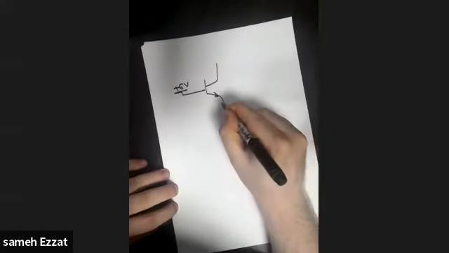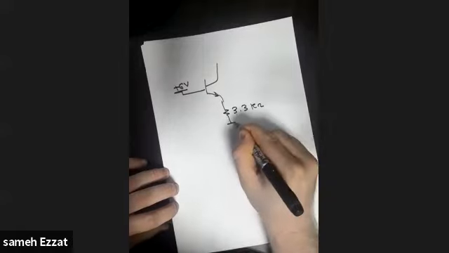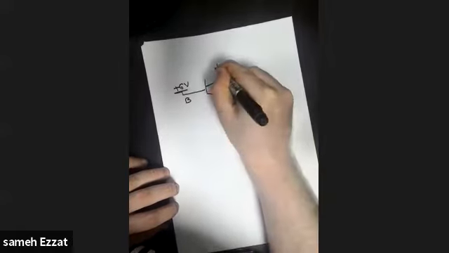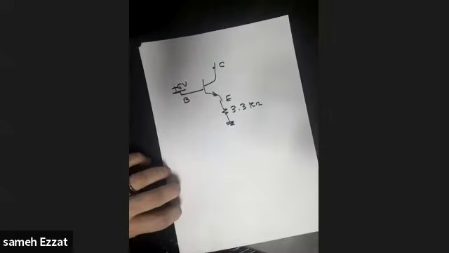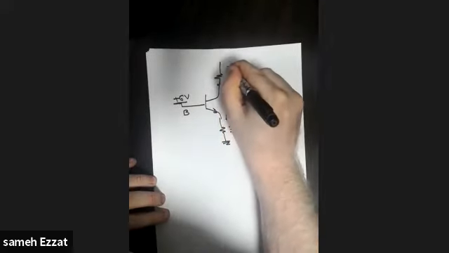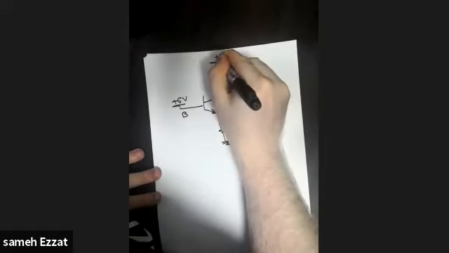As you can see here, we have a resistance with 3.3 kilo ohm to the ground. This is the emitter, this is the base, this is the collector. And we also have an upper resistance again with 4.7 kilo ohm, and we have a 10 voltage here, plus 10.